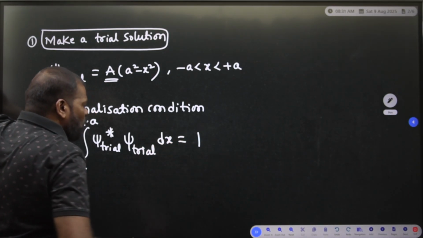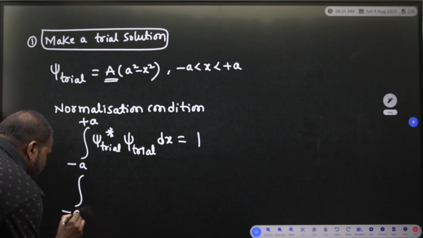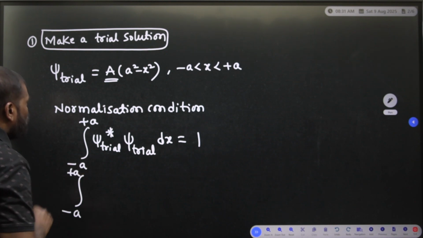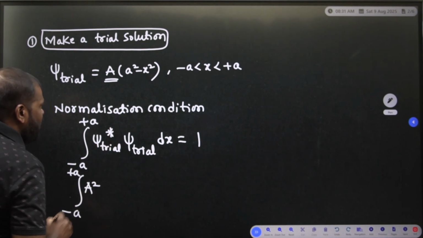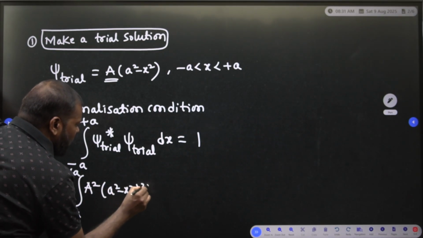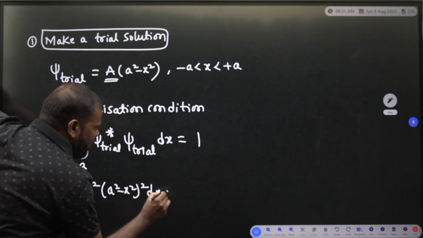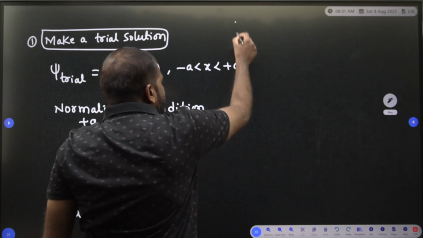Now substitute here: integral minus a to plus a, psi conjugate into psi, that is A square into (a square minus x square) whole square dx, is equal to 1.